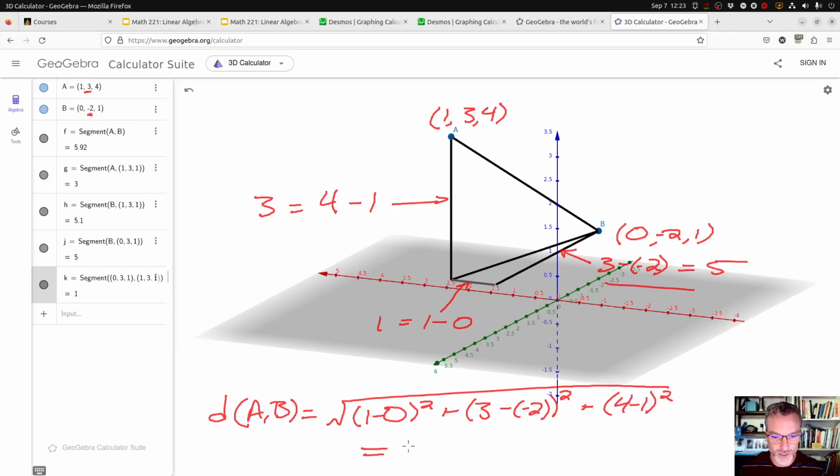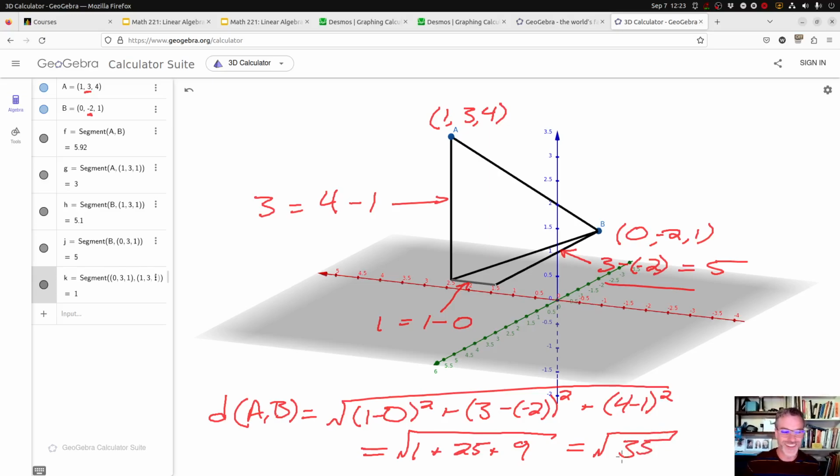So that just gives me the square root of 1 plus 25 plus 9. Square root of 35. Okay?